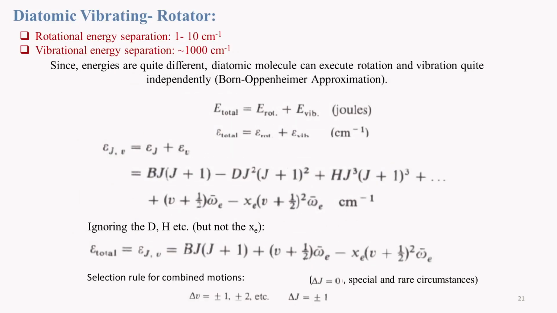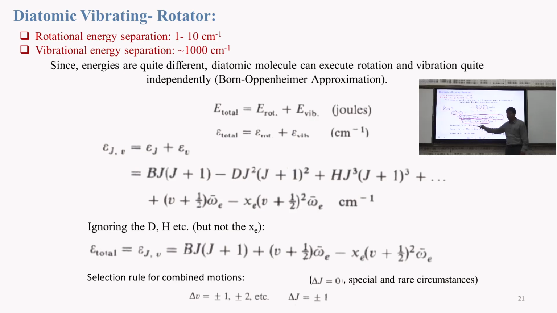What is the epsilon J expression? It is B J (J plus 1) and then smaller terms. And plus the vibrational energy, which we have just discussed considering the anharmonic oscillator model. So we are simply writing them side by side.